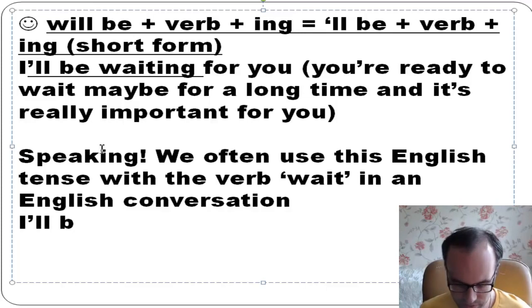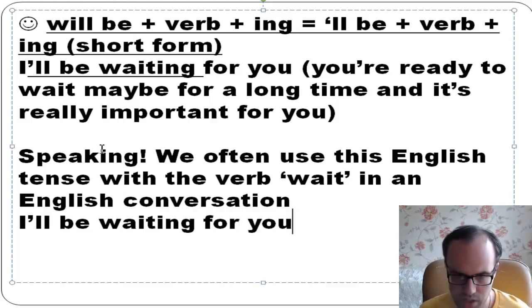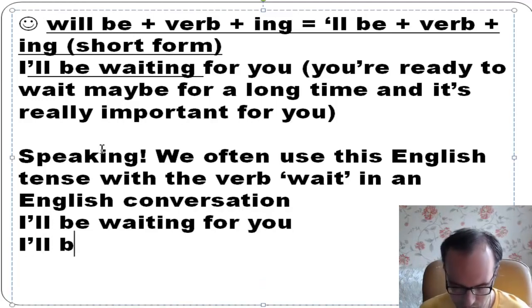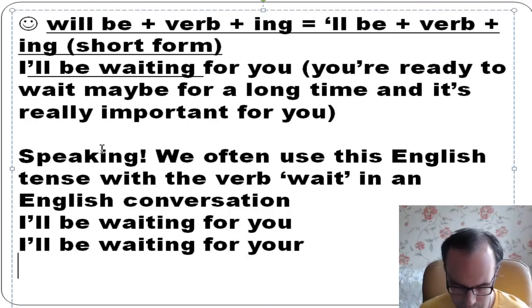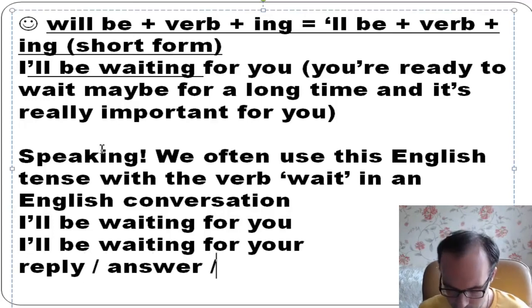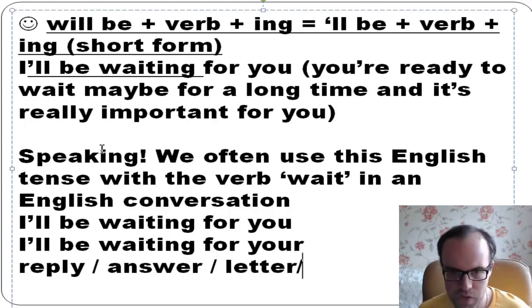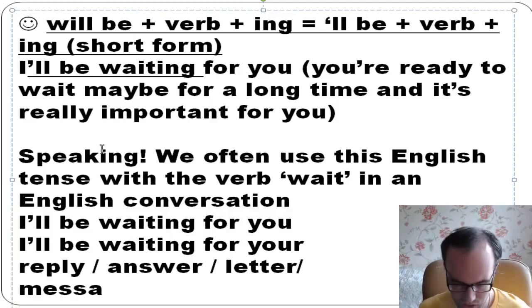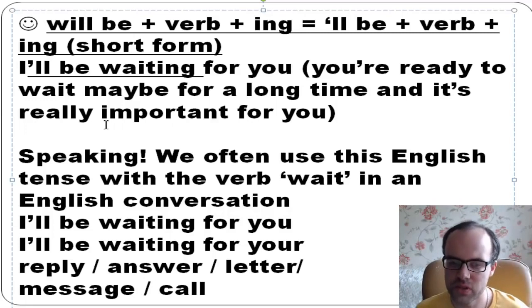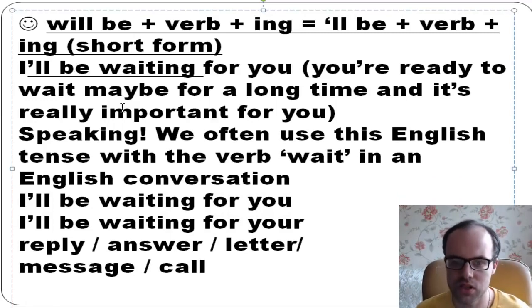So let's look at some examples. I'll be waiting for you. I'll be waiting for your reply, or I'll be waiting for your answer. I'll be waiting for your letter. I'll be waiting for your message. I'll be waiting for your call, and so on. We use it so often.